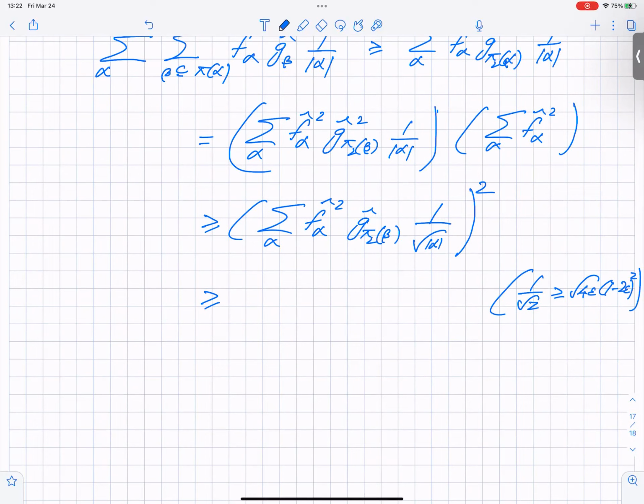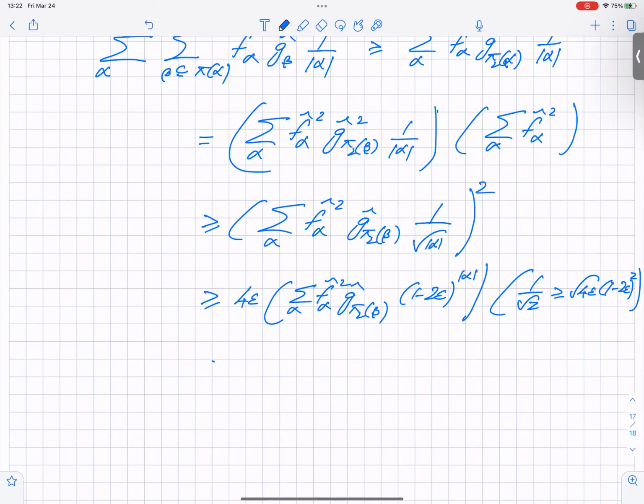So this is 4 epsilon into summation alpha f hat square alpha g pi 2 beta 1 minus 2 epsilon to the power size. You can get that from Taylor series. I'm not going to do it.